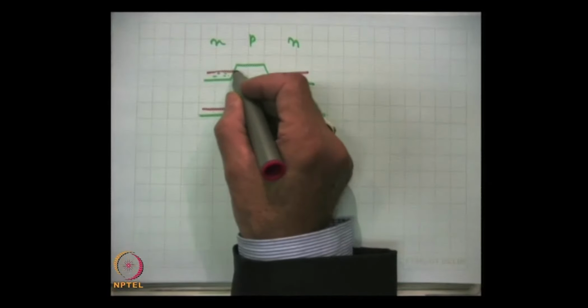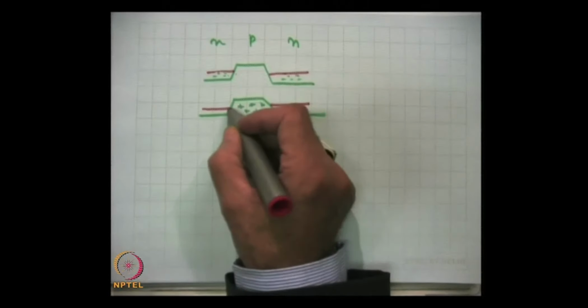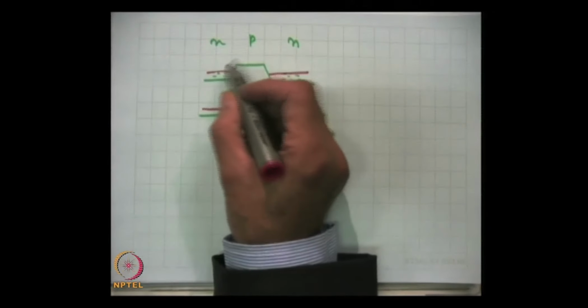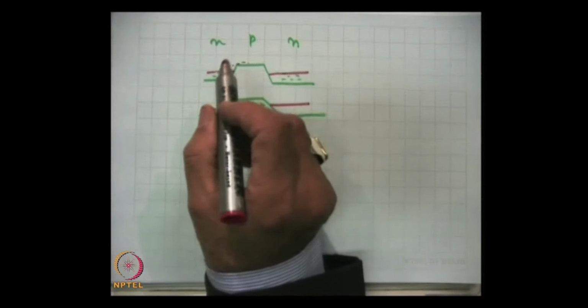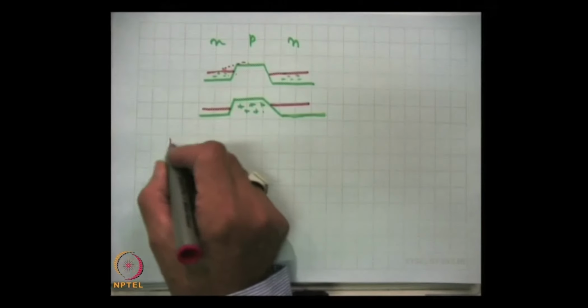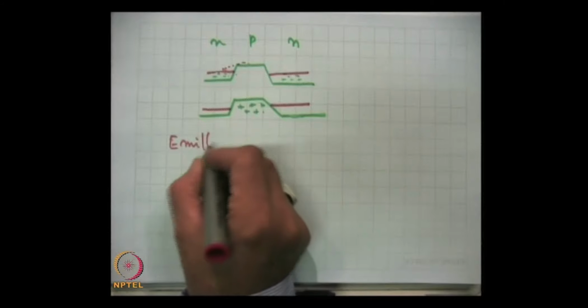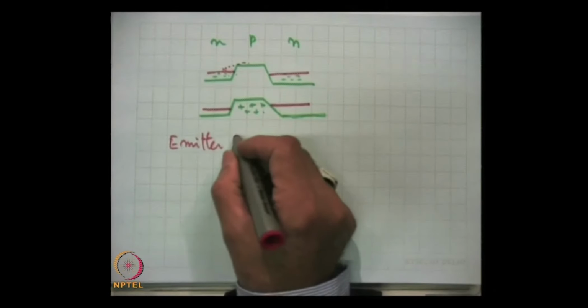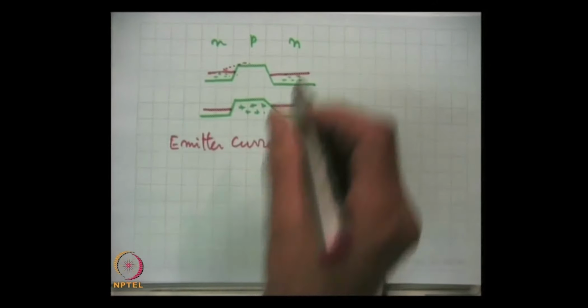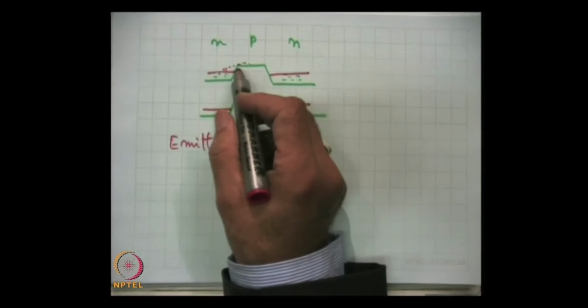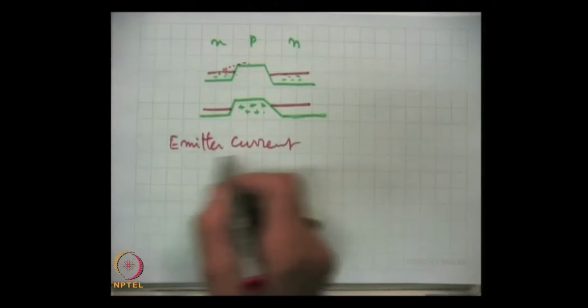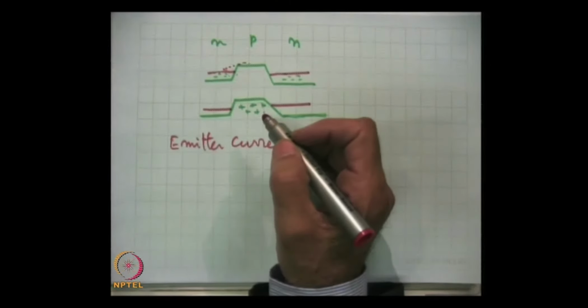This is the reduced potential, and hence these electrons from the n side will constitute what we call emitter current, and similarly the electrons, and of course a small number of holes, will also diffuse towards the emitter. That will be part of the emitter current.